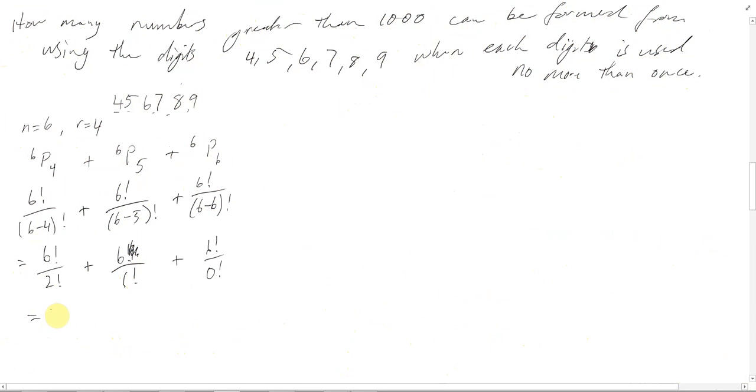So that gives us, for this one here, 6 times 5 times 4 times 3, plus, this is just 6 factorial, plus, this is also just 6 factorial, because 0 factorial is equal to 1.